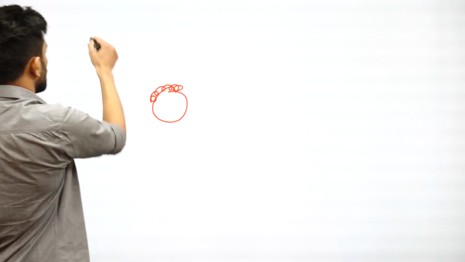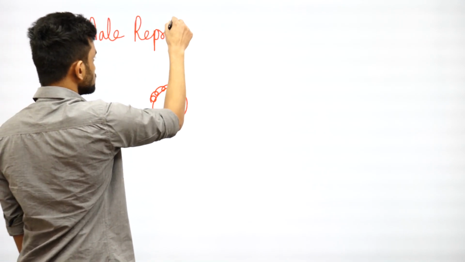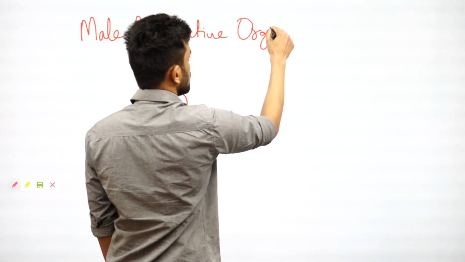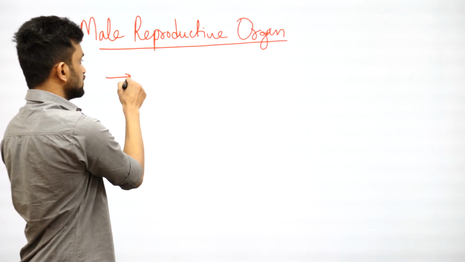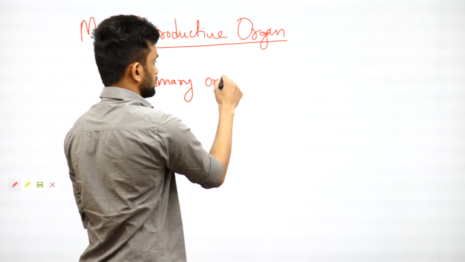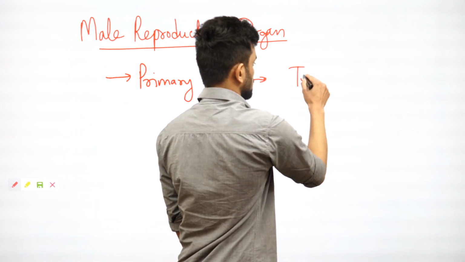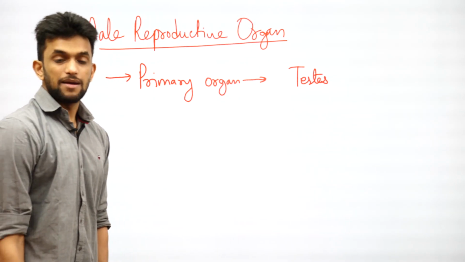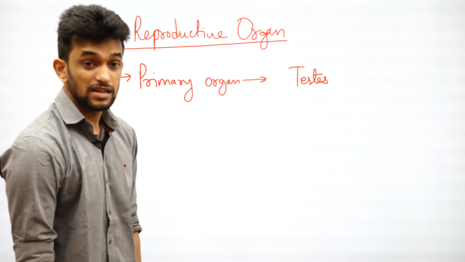What's the male reproductive organ? The primary organ is the testis. Testis is the primary male reproductive organ. I'll call any organism male if he has testis.